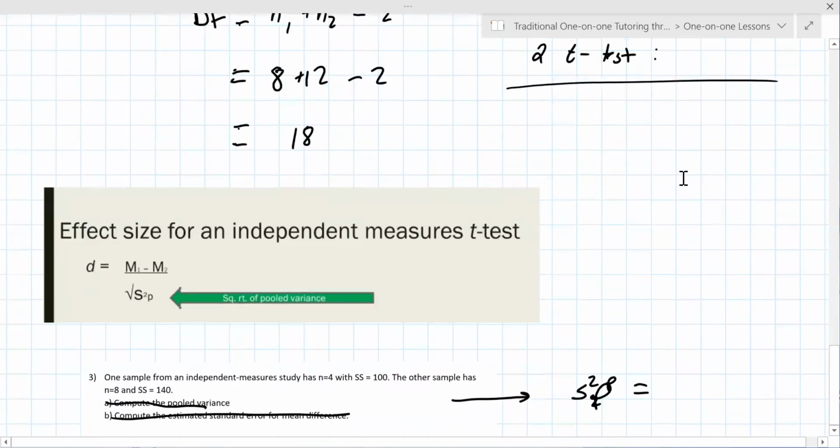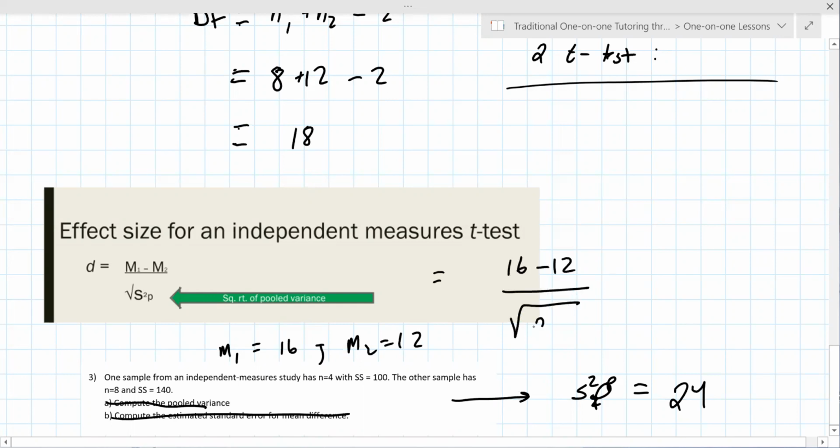So you found out that it was 24 from a previous problem. So let's say I tell you that mean 1 is 16 and mean 2 is 12. I have to tell you this, by the way, you can't just do it on your own. You would do a 16 minus 12 over the square root of 24.